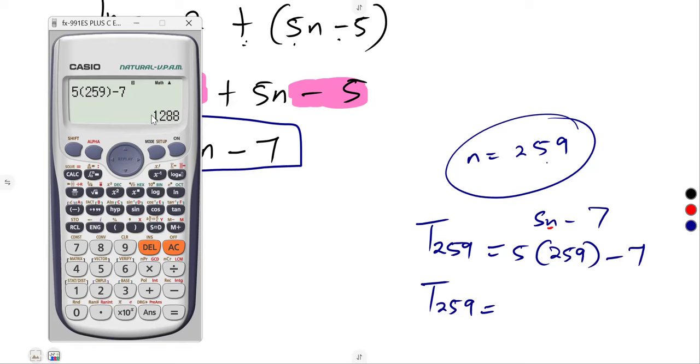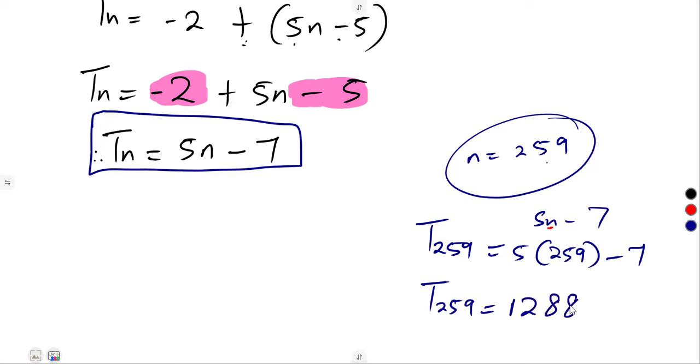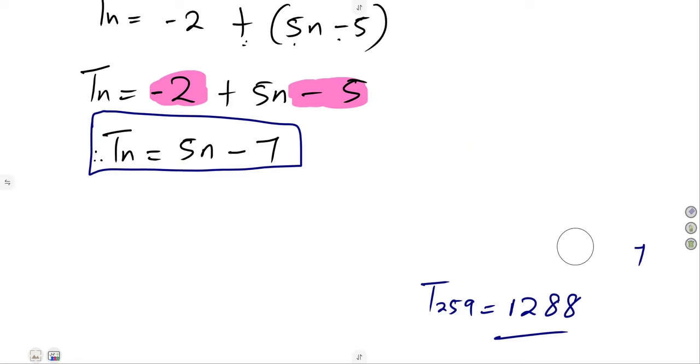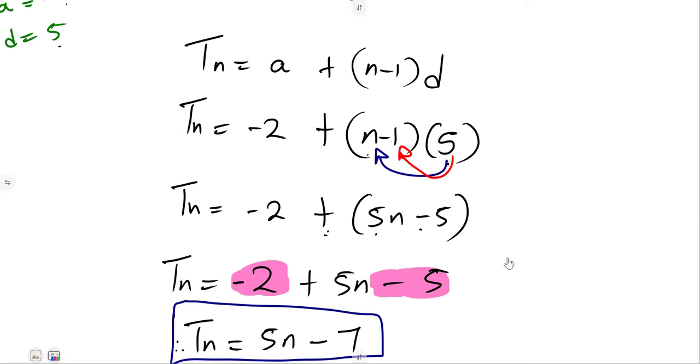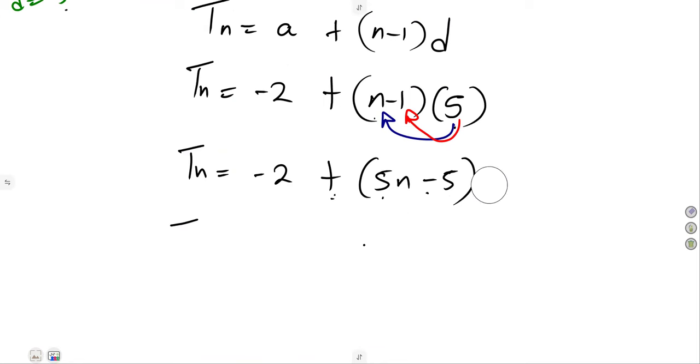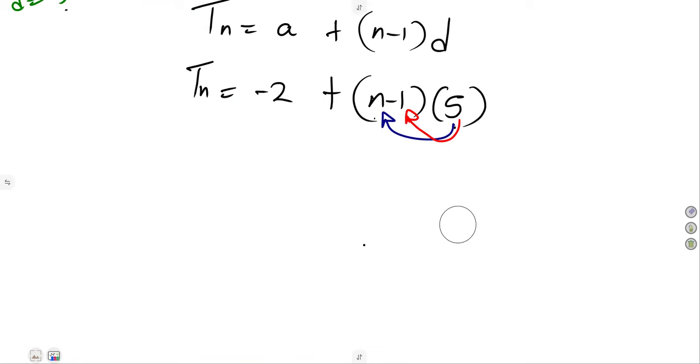So it's going to be 1,288. That's how we can determine any term from our linear sequence presentation of our Tn, the nth term.